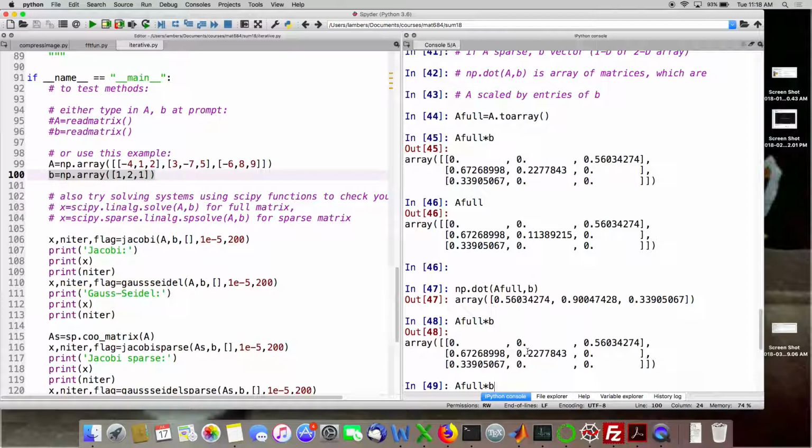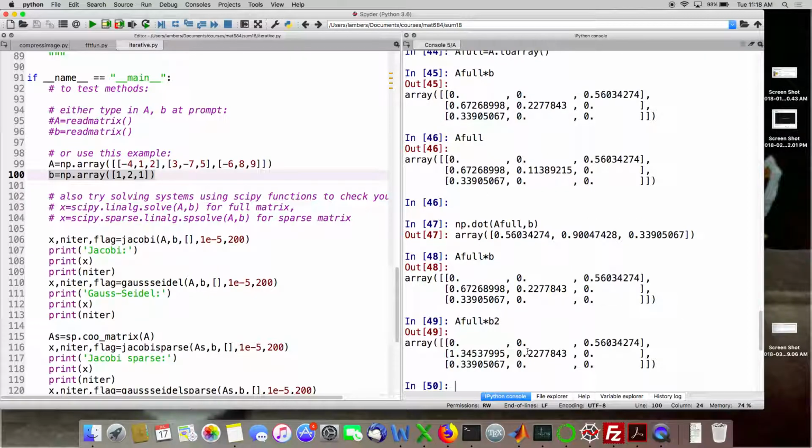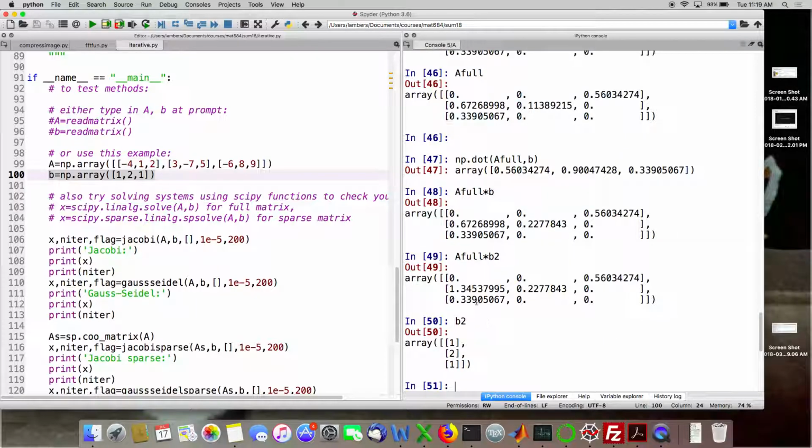That doesn't make sense. If I multiply it by B2, which is the column vector, wow, it's like nothing is behaving correctly at all. And that's the problem I had.